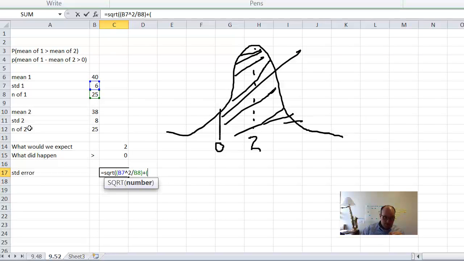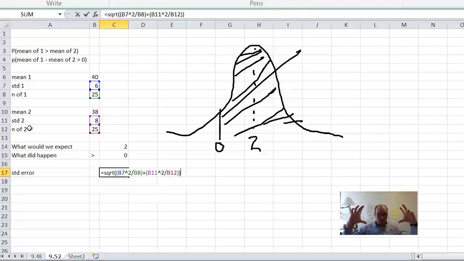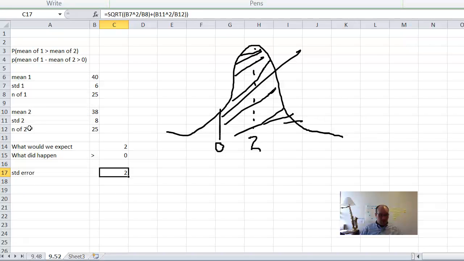Add, and then within another parentheses, the standard deviation of 2 squared divided by n of 2, which is also 25. Close that, and then the square root of all of that. So enter. The standard error equals exactly 2, which is interesting.